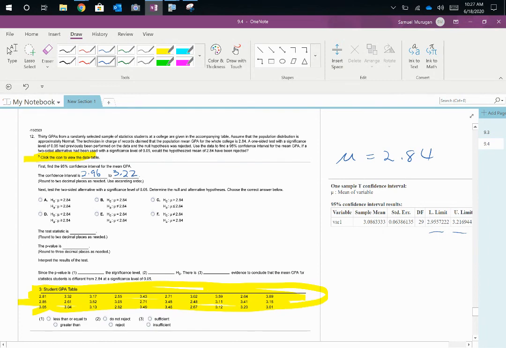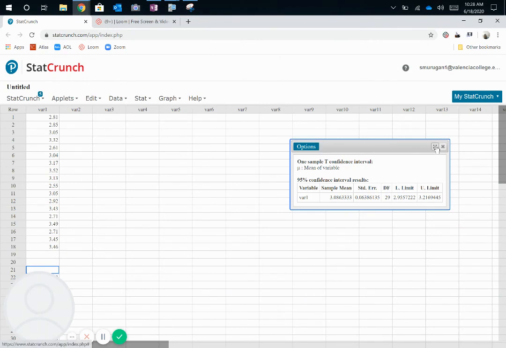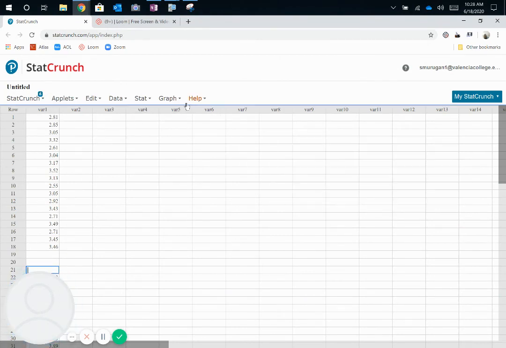Now next we test the two-sided alternative. So H0 is equal to 2.84 and the alternative is not equal to 2.84, two-sided. So now we're going to go back to the same data and perform another test. Close this one.